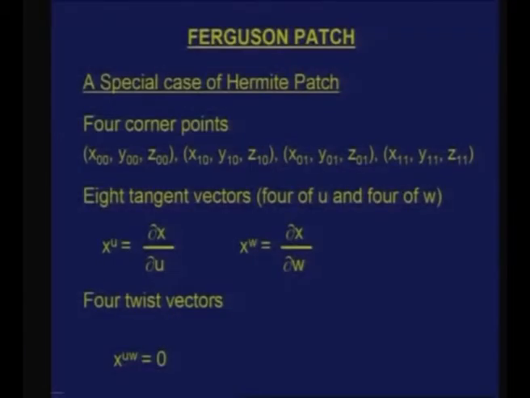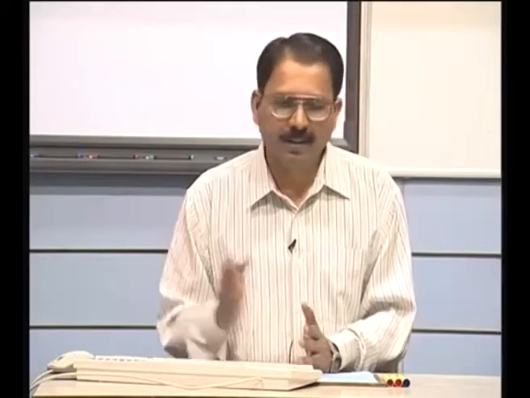You sacrifice the continuity requirement, basically satisfying C1 continuity, but you also simplify the definition because you are not looking at second partial derivatives. Even if I have only partial derivatives with respect to u and w, I am able to define the equation mathematically.